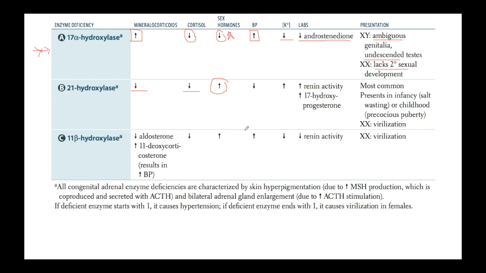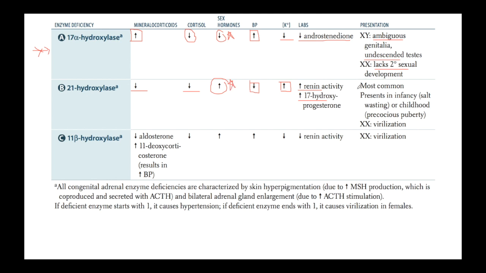And because there is a decrease in mineralocorticoids, we're also going to see a decrease in blood pressure and an increase in potassium concentration. And on labs, you can see increased renin activity because of our low BP and increase in 17-hydroxyprogesterone, which is related to our sex hormones as well.